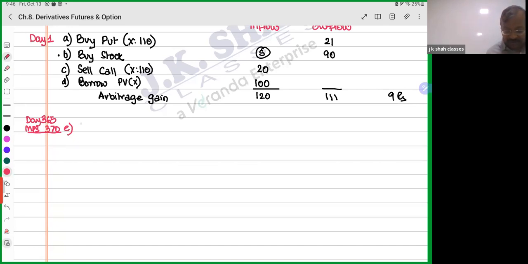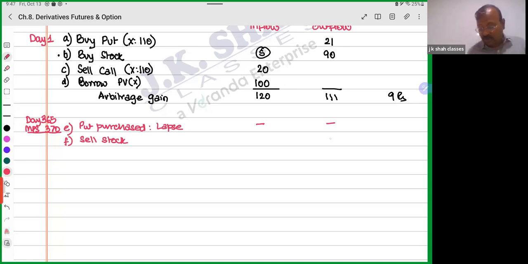So put purchased, lapse. That means no inflow, no outflow. Acha, you purchase the stock. Now you need to sell the stock. You sell the stock, stock goes out, 370 comes in.